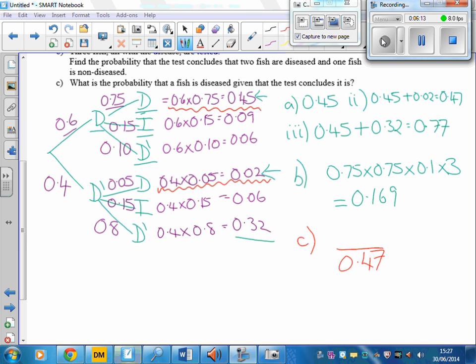But we want the probability that it is diseased, so that would be the 0.45. What we want divided by what it's out of, and that gives an overall probability of 45 over 47, or you could give it as a decimal, 0.957.